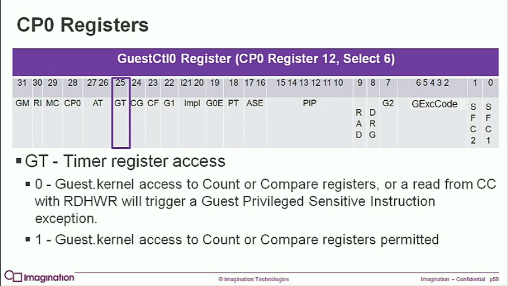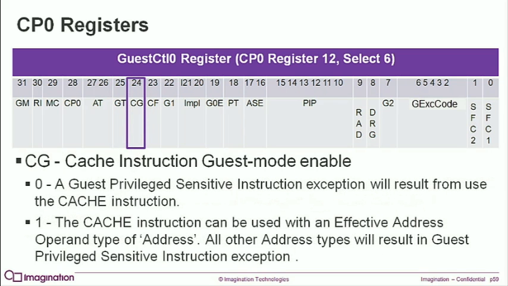If the GT bit is cleared, the hypervisor will monitor all accesses to the guest count and compare registers. The cache is not protected by guest ID, so entries in the cache should be monitored by the hypervisor to be sure one guest is not corrupting or snooping another's cache or the cache entries of the hypervisor.